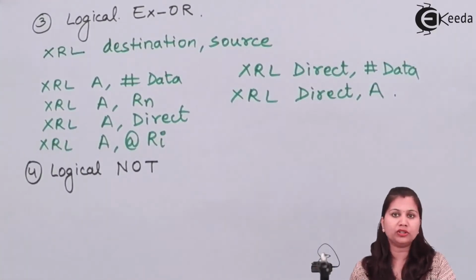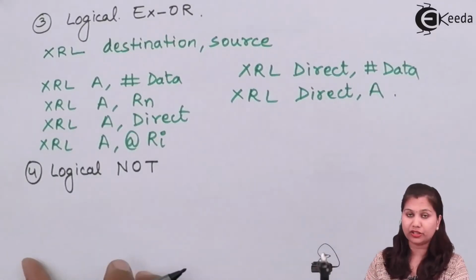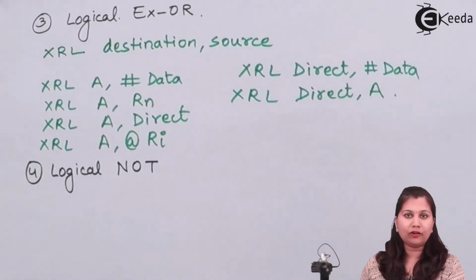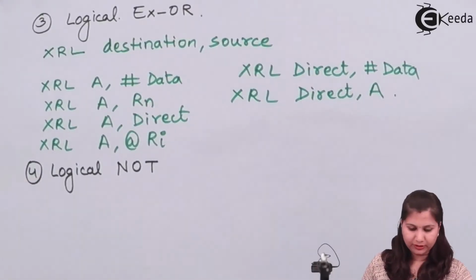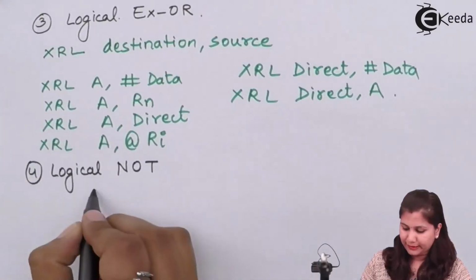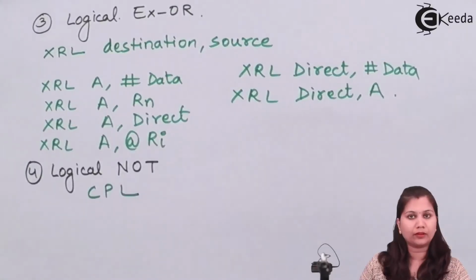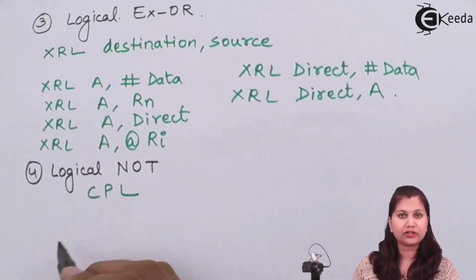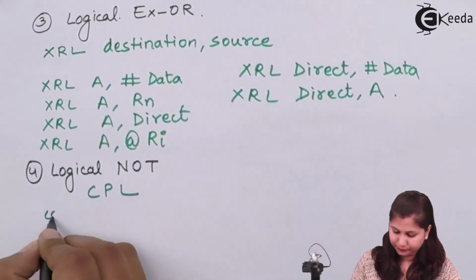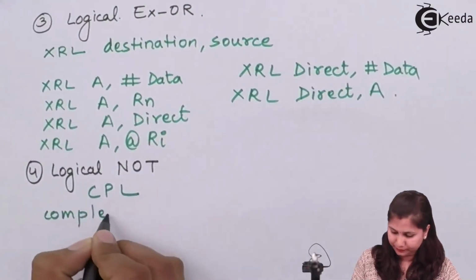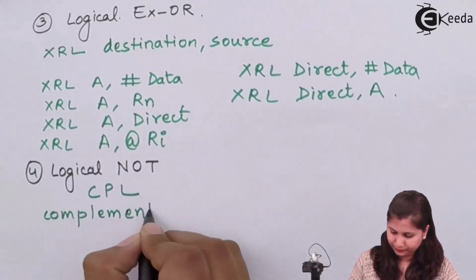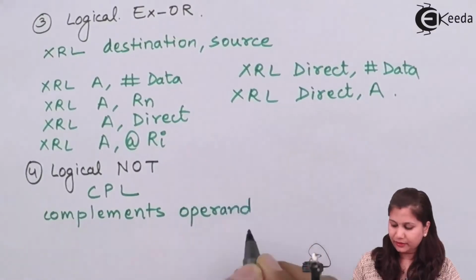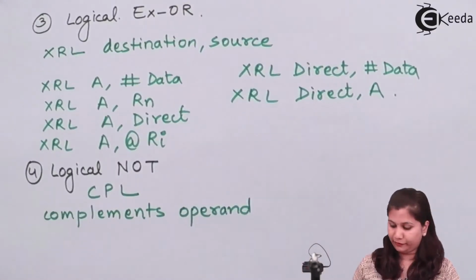So this instruction complements the operand. In this category we have the instruction CPL. Okay, so CPL complements the operand, and the result is stored in the operand itself.